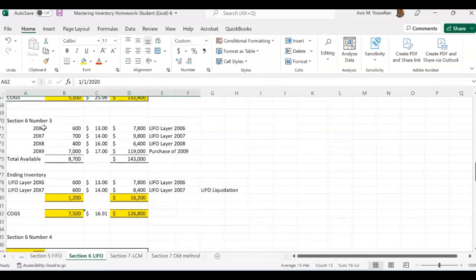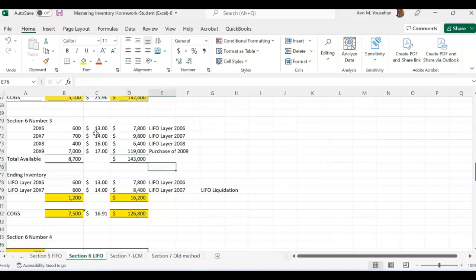Here is the LIFO layer of 2016, the LIFO layer of 2017, the LIFO layer of 2018. And then they purchased in 2019, 7,000 units at the average cost of, let's say, $17, with total $119,000 cost. Okay, so far so good.